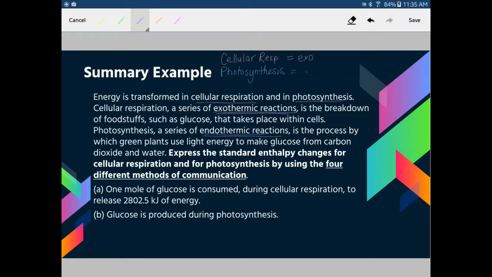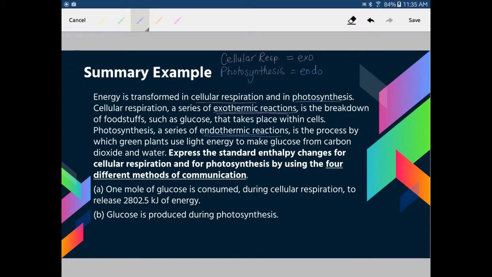So we have an endothermic and an exothermic reaction. We're asked to express the standard enthalpy changes for cellular respiration and for photosynthesis by using the 4 different methods of communication. So we have a variety of ways that we can record these values, and we are going to go through solving that for both.